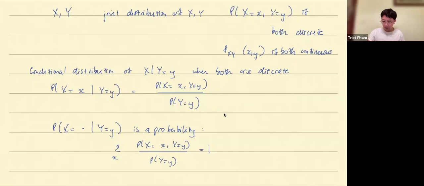Well, it's clearly non-negative. And then if you sum over these disjoint sets of values of x, you get the corresponding sum over the corresponding disjoint values of x here. So it is a probability.